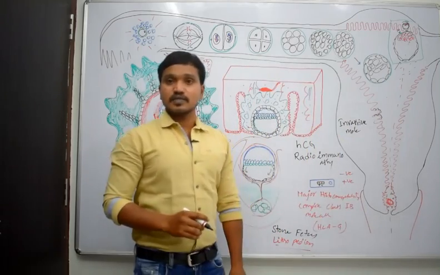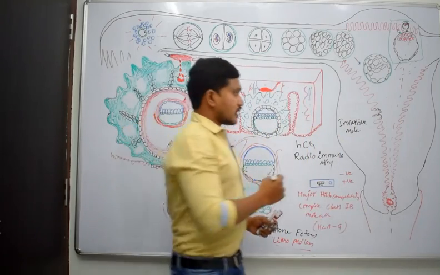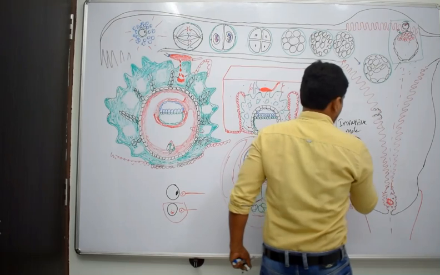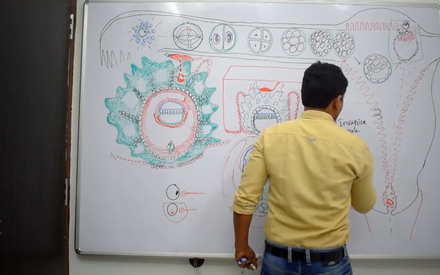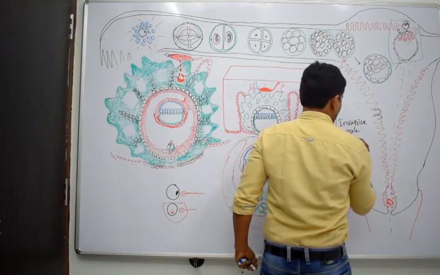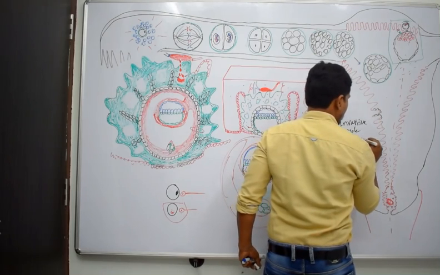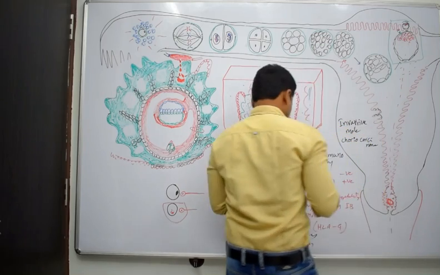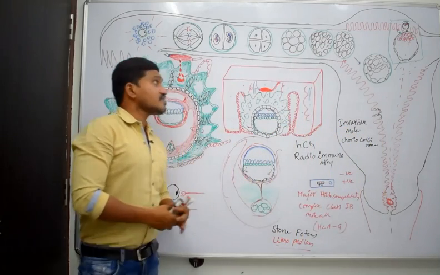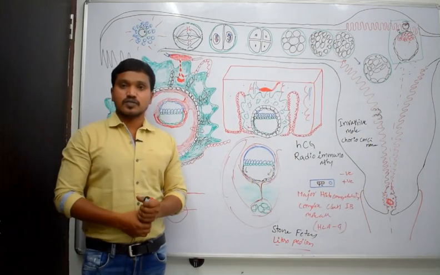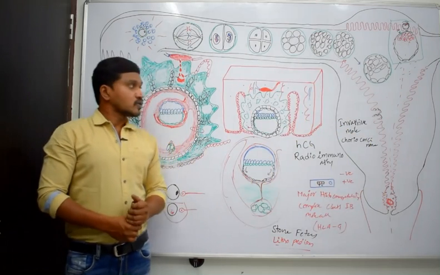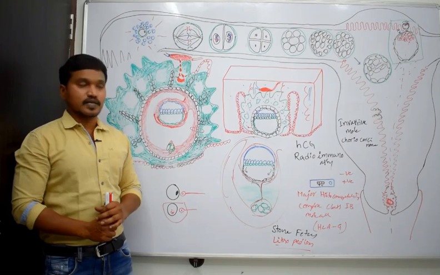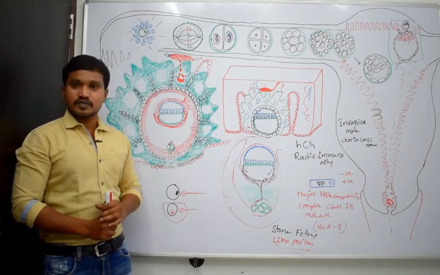If it develops as a malignant tumor, that condition we call choriocarcinoma. Right? So this is the abnormal blastocyst. Clear? So these are the few applied aspects related to second week development. That's all for this class.